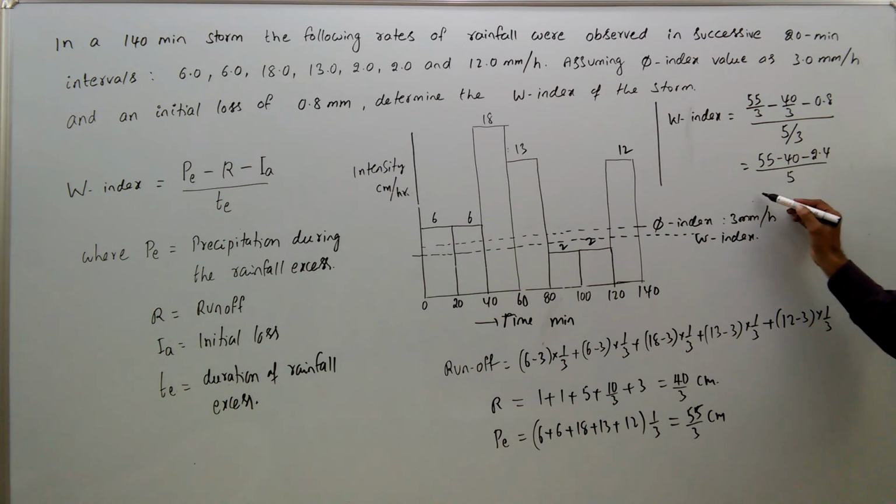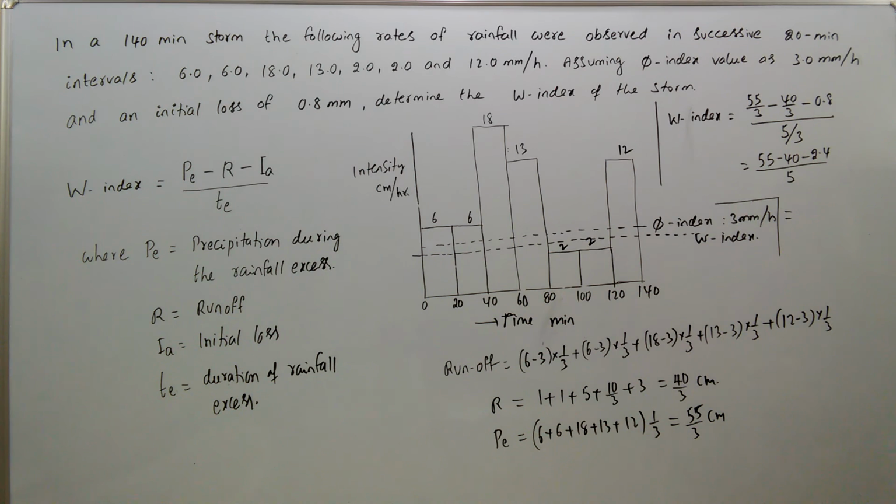That is equal to 15 minus 2.4, which is 12.6 by 5. That is equal to 2.52 centimeter per hour, the W index.